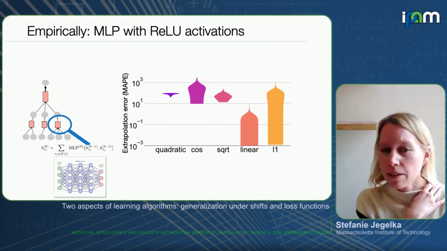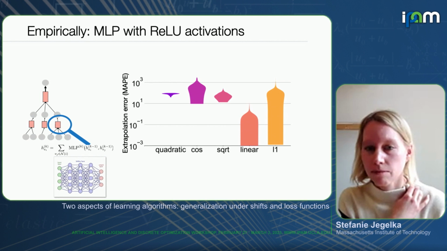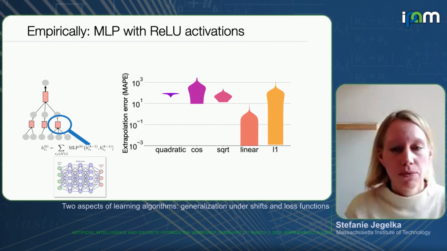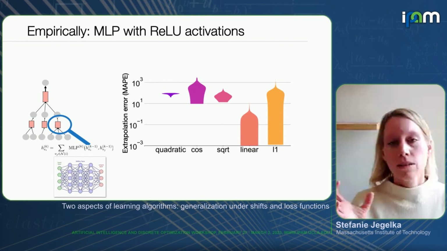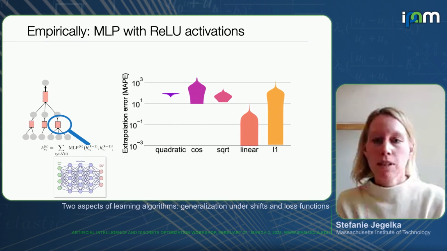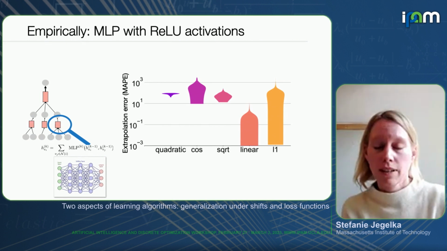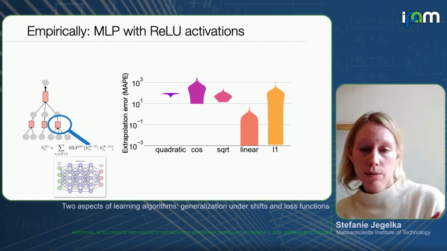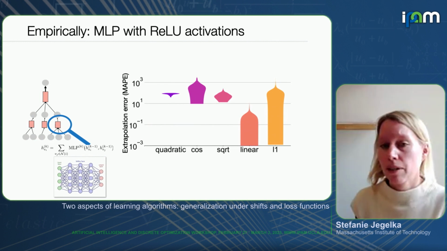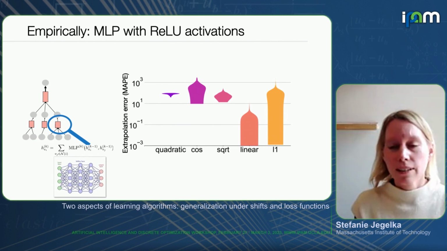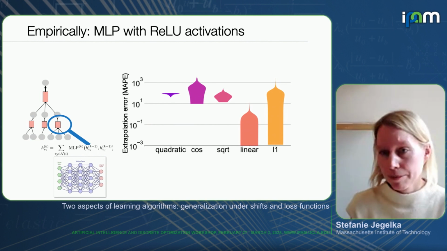So here's a simple experiment with learning some super simple functions, quadratics, cosines, etc. What I'm looking at is, if I train my neural network in some range of the data, and then I shift my data in Euclidean space, what does my model do in extrapolation? And you see that for all the nonlinear functions, we are not doing very well, and for the linear or piecewise linear functions, sometimes.